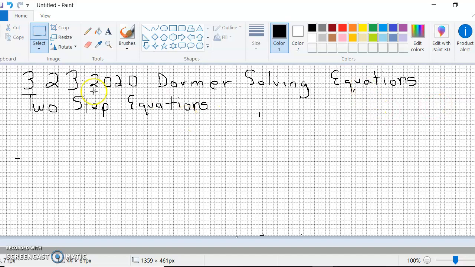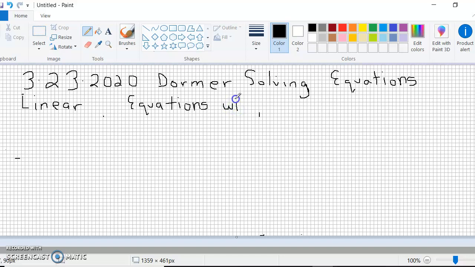Okay, so now we're dealing with linear equations. I want you to write this down. So go to my pencil: linear equations with variables on both sides.